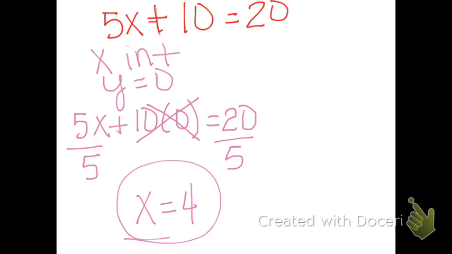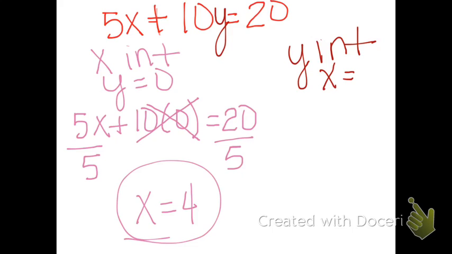Essentially, we deleted y from the equation completely, and we solve for x. We can do the same thing for the y-intercept by plugging in 0 for x.